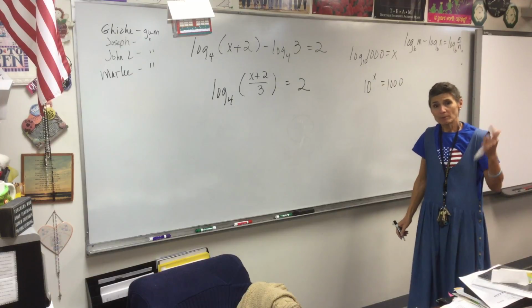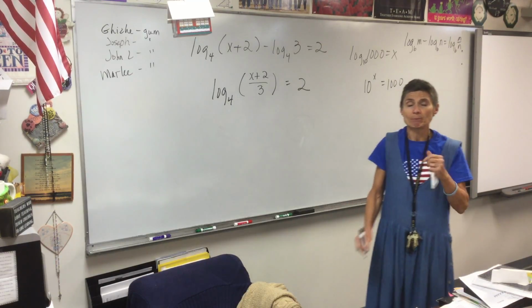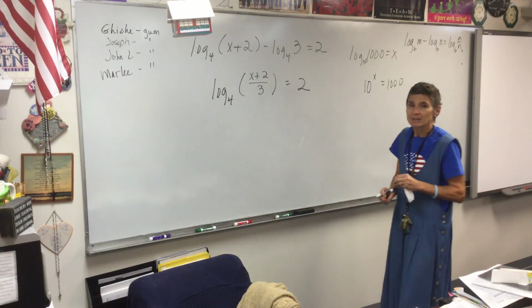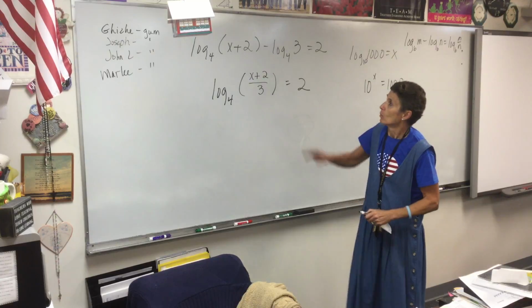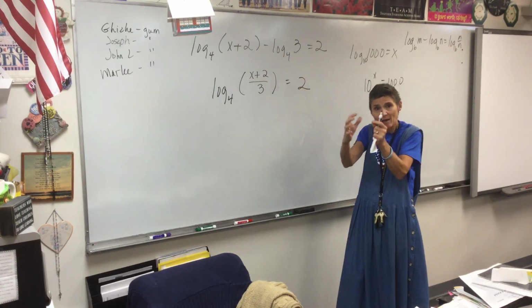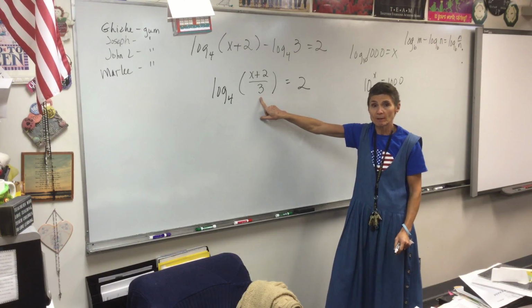When I wrote this property before, maybe I used different letters. Maybe there are different letters in the book. It doesn't matter. What's important is the concept. When logarithms are subtracted, you can put it together into one logarithm by turning it into a division problem.